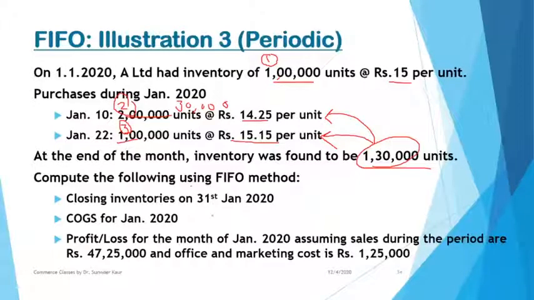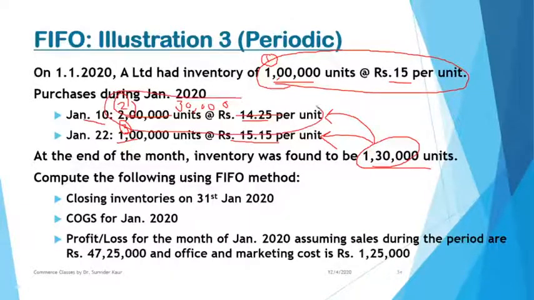So your cost of goods sold will be 1 lakh units at the rate of 15, isn't it? And in the second lot you will have 1,70,000 units at the rate of 14.25 because 30,000 are left, isn't it?